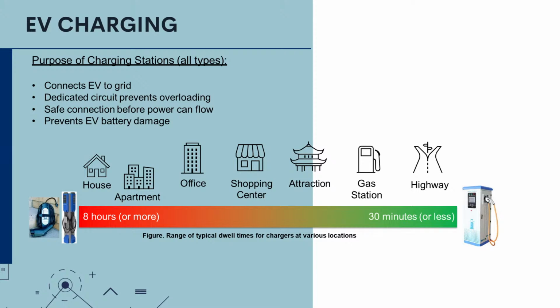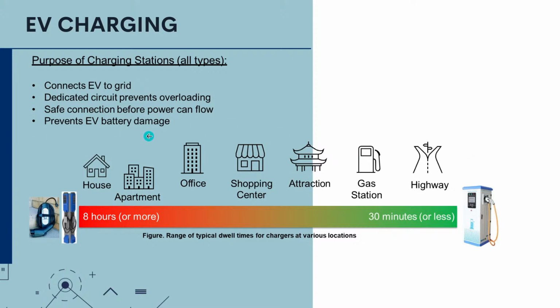So these charging stations play a very critical role in safe and efficient charging for electric vehicles. They protect the vehicle's battery, prevent electrical overloads, and ensure the connection to the electrical grid is reliable and safe for users.